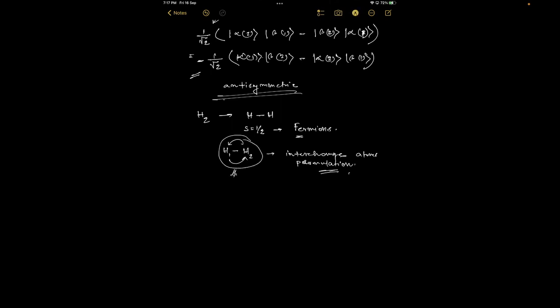Because they are fermions, they will act as fermions, so they have to obey the Pauli exclusion principle, right?